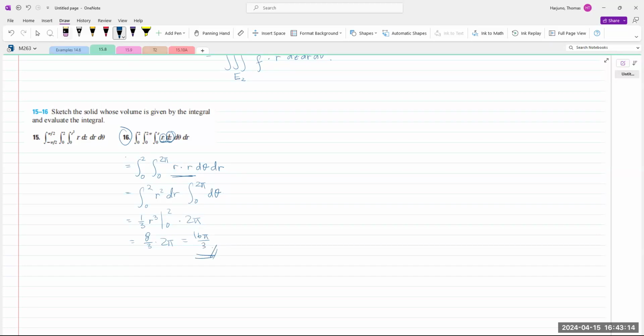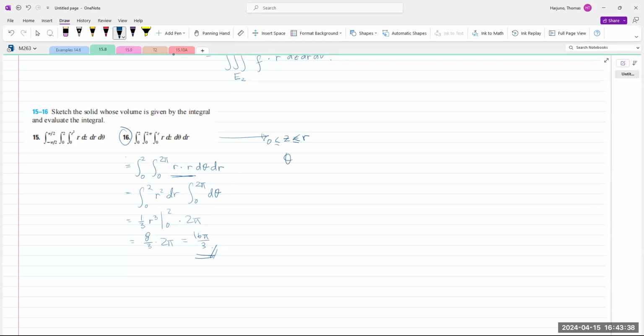I think the challenge is, can you sketch the solid? Can you imagine what the solid looks like? Okay, let's see. So we notice that the z is from 0 to r.